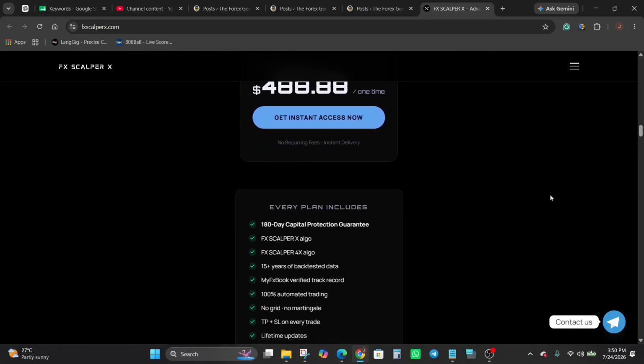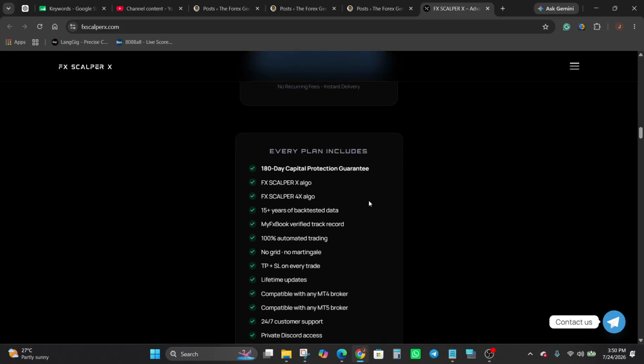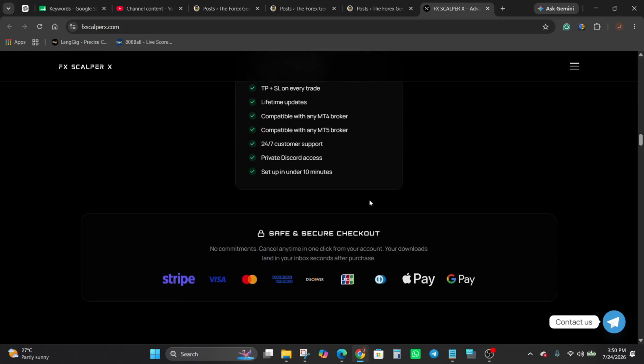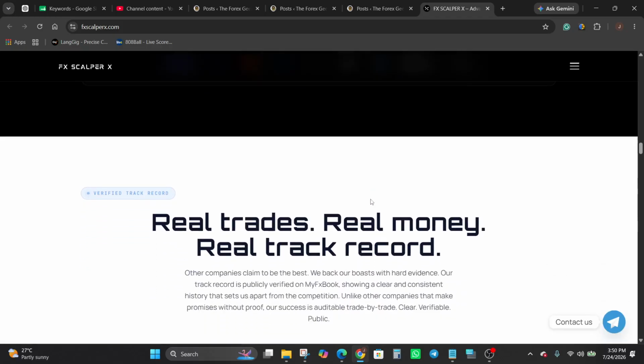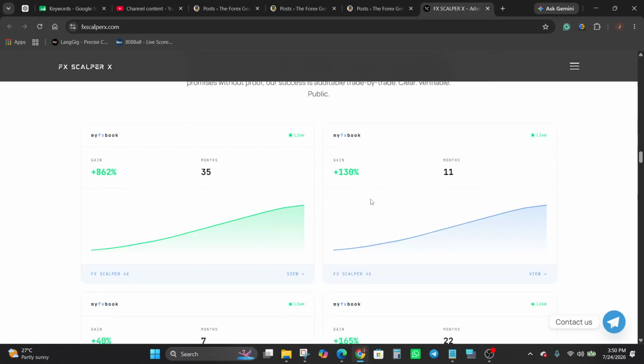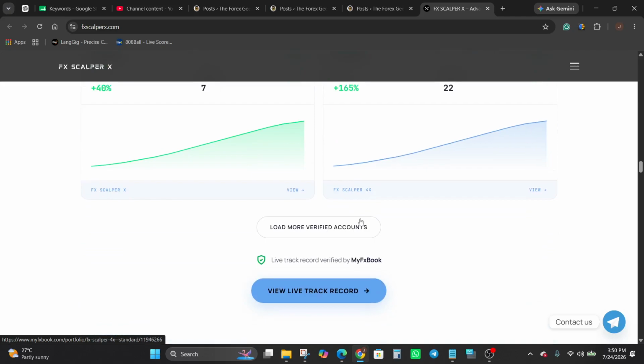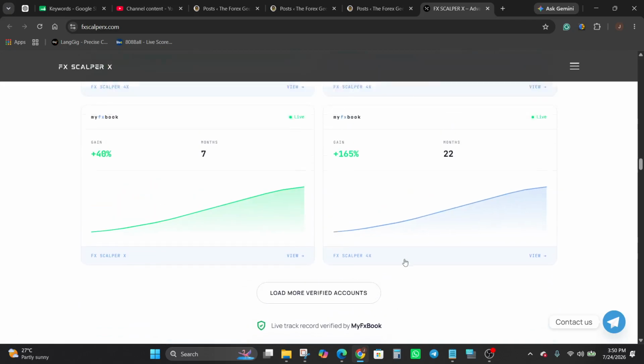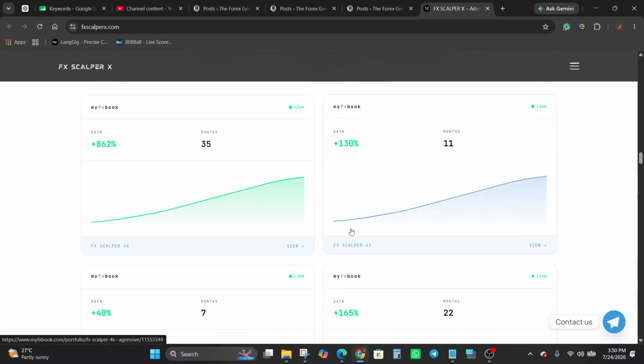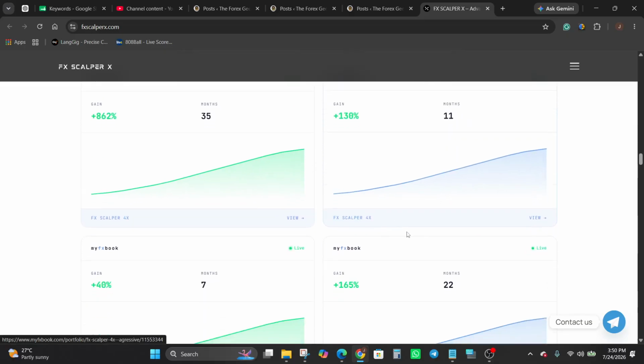Now that brings us to the verified track record section. They show four, or actually there are more than four if you load the more verified accounts, but currently we can see four MyFXBook cards, all marked live.